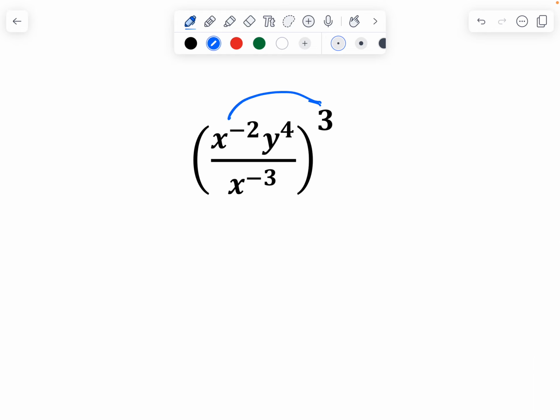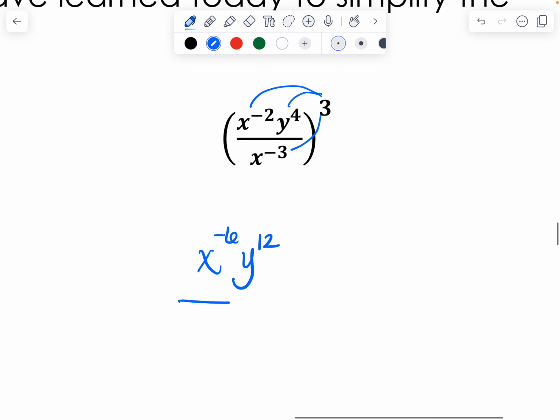All right, and now my last one here. I'm going to distribute in that power of 3. I'll have x to the negative 6th, y to the 12th, I multiplied those, over x to the negative 9th. All right. Now to simplify, I'm going to bring down that guy to make my 6 positive and send up that guy to make my 9 positive.